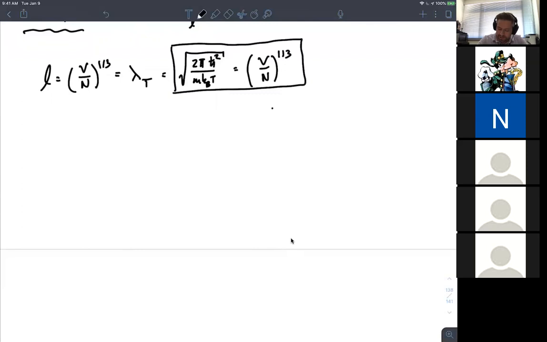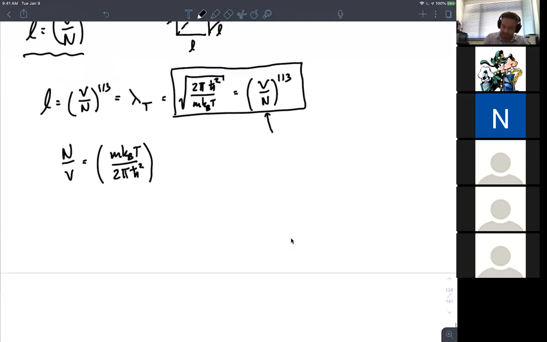Oh, look at this. This looks a lot like a density. It's like an inverse density, since density is number of particles per volume. So now I'm just going to take this expression and flip it upside down. I get a density, number of particles per unit volume, equal to m kBT over 2 pi h bar squared.